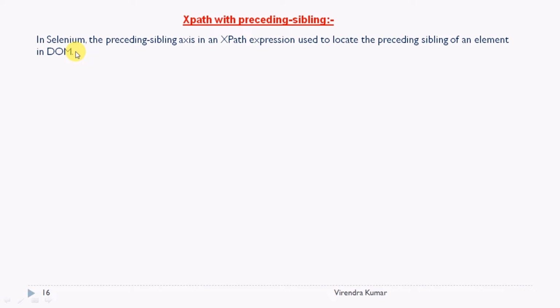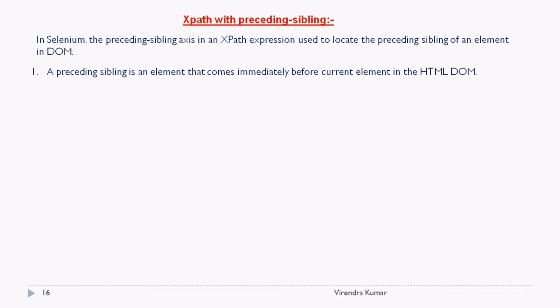We already know the structure of the document object model, and in the object model we have the elements. A few elements we call the preceding siblings, those coming before the current element.